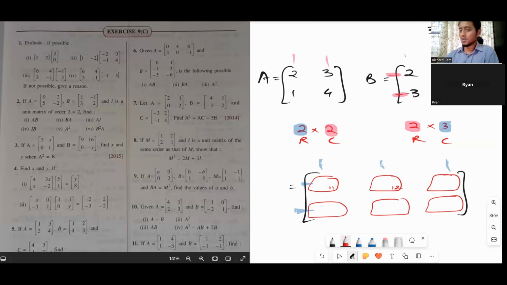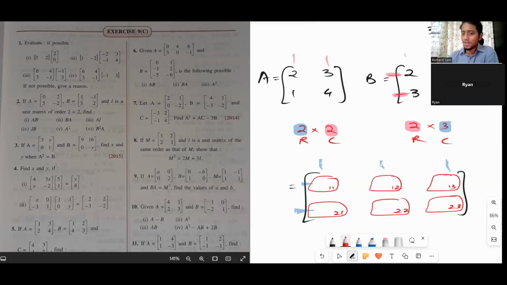Next one is 1, 3. Correct? This one, 2, 1, that means second row, first column. And this one, 2, 2, that means second row, second column. And this one is 2, 3. Clear, everyone?